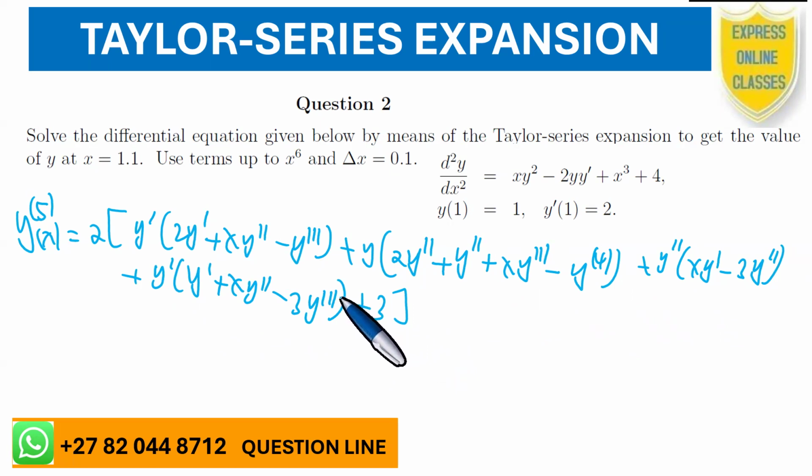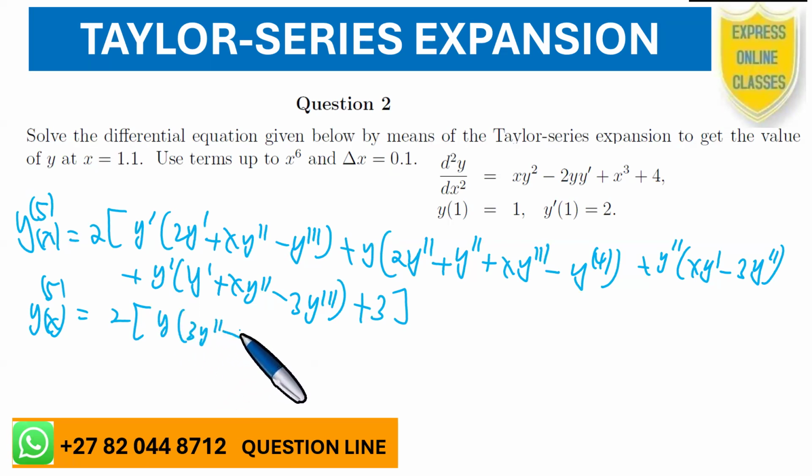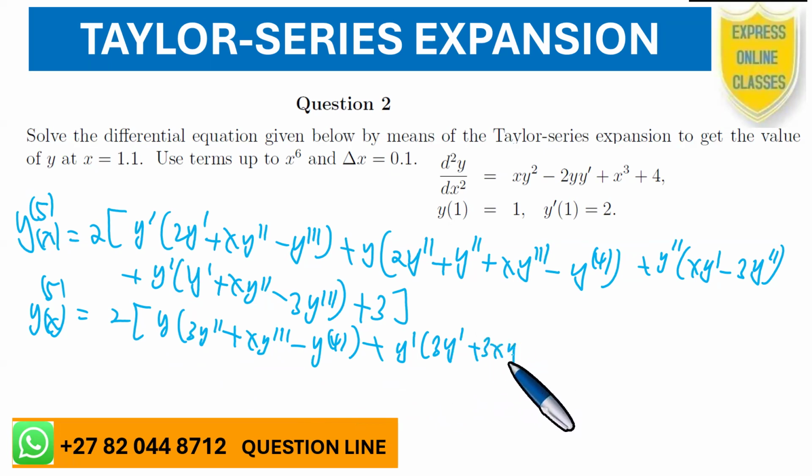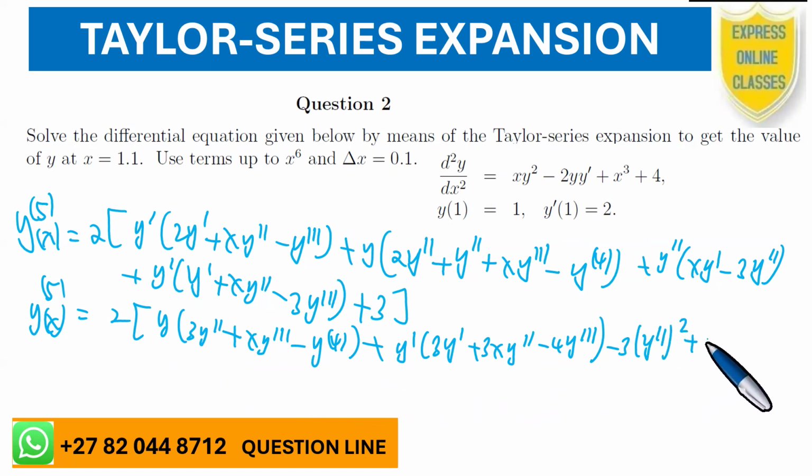And then after I've written all these here, we understand that these can be simplified to this, which is 2y, 3y double primed, x y triple primed, y to the fourth power, and then plus 3xy double primed minus 4yy minus 3yy squared plus 3.